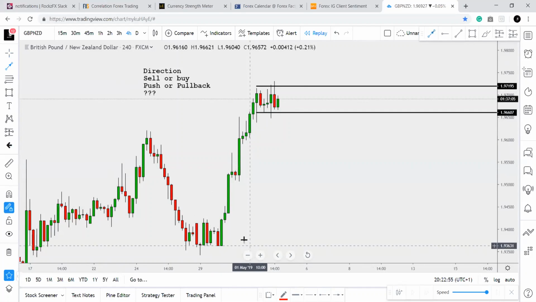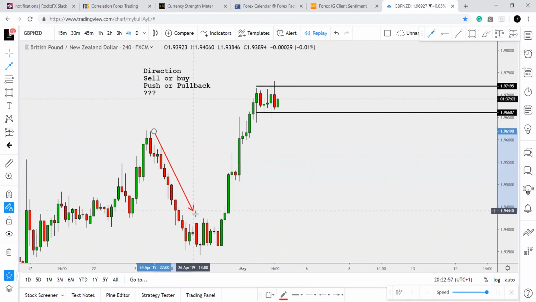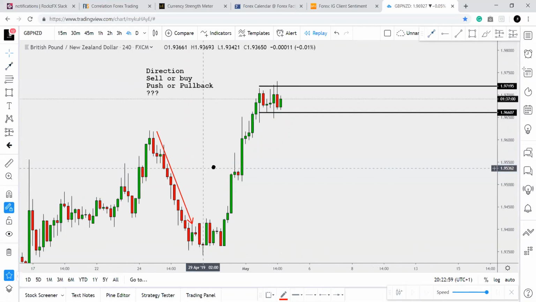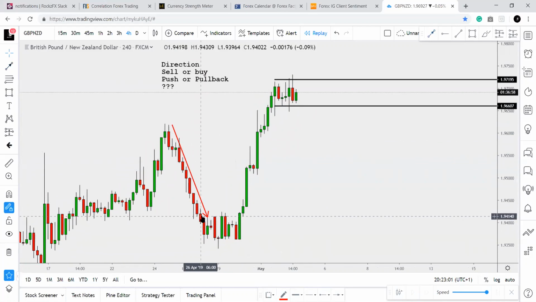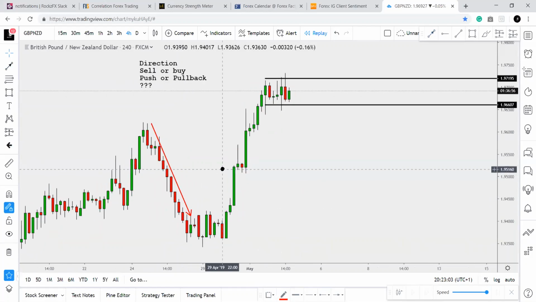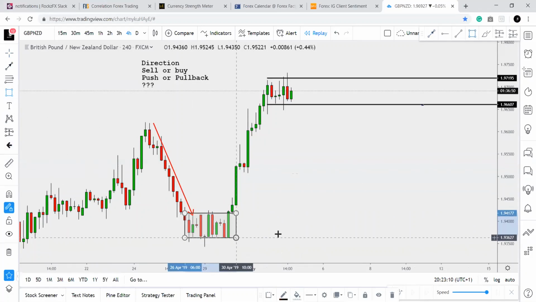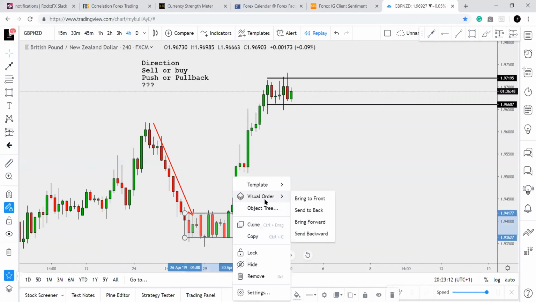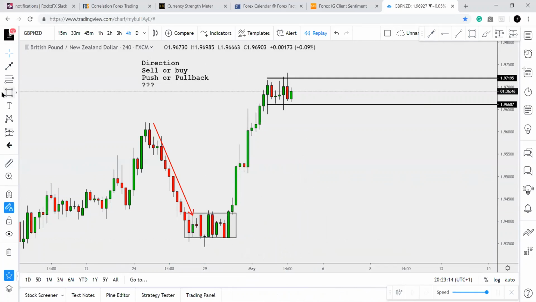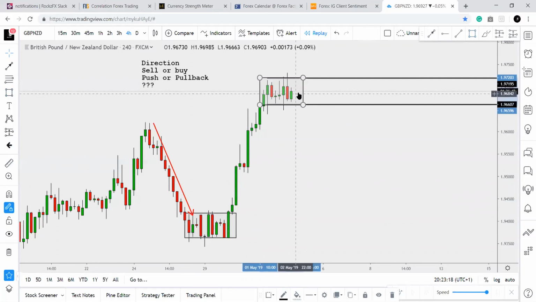Let me give you, and I'm going to go into a bit more detail about this in a second. Notice on this market structure here, you saw a big push to the downside. Everybody can see this, right? When this push to the downside started to exhaust, what phase of the market did you see happening? Accumulation. Yes, exactly that. Now we have this push to the upside. What phase is this market in at the moment?